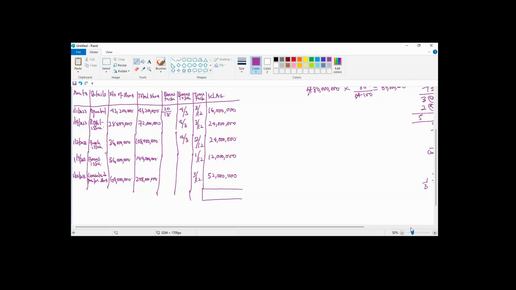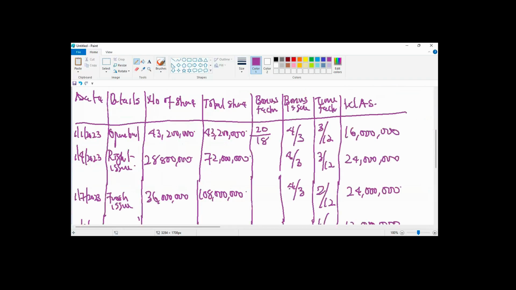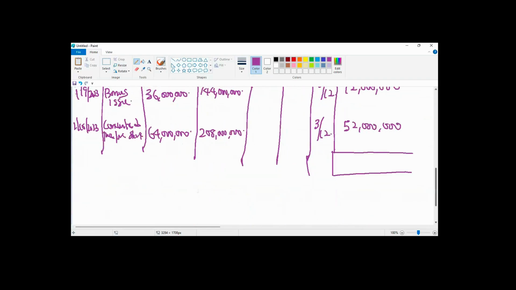So what is the total amount now? 128 million. So it's the 128 million that will go for my denominator. This is what will now be divided into the profits. What is the profit he gave to me?